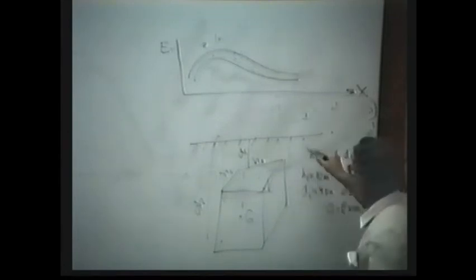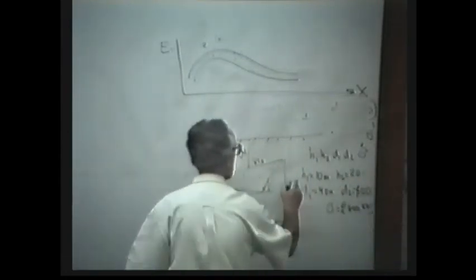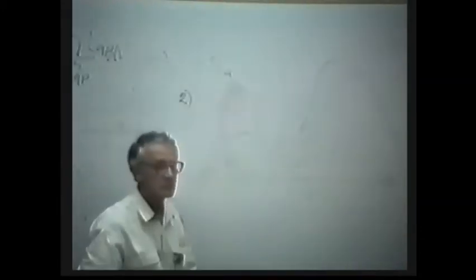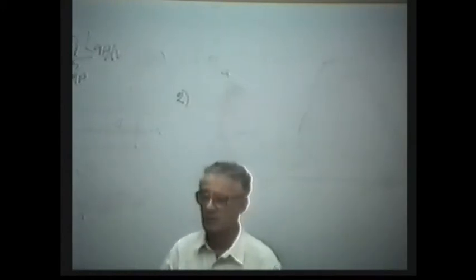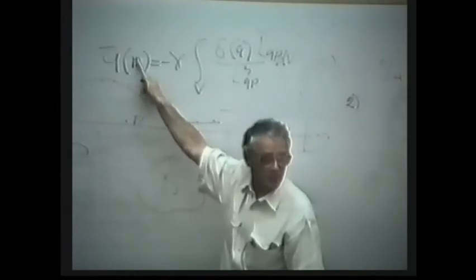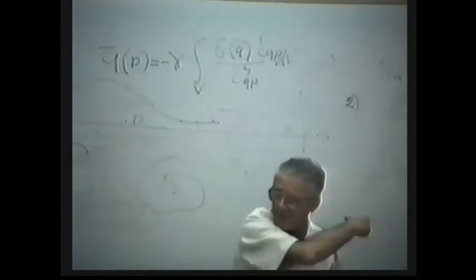I did this step. What is the next step? Let us call the first approximation step number 1. What is the second step? Calculate the gravitational field based on this assumption using this expression.